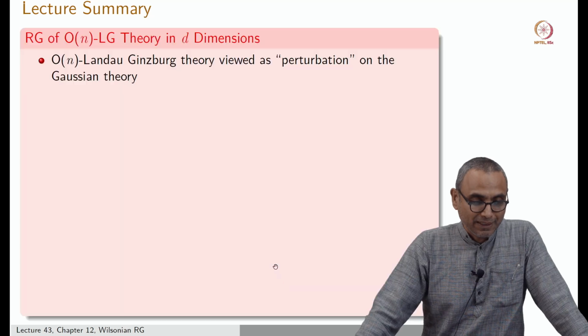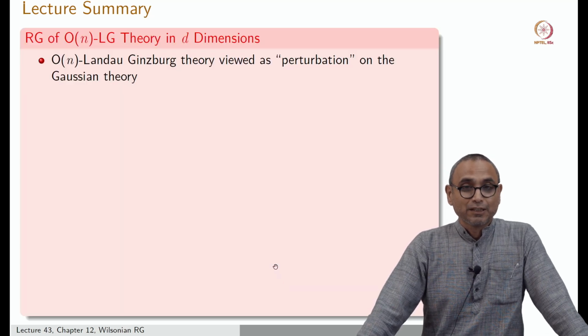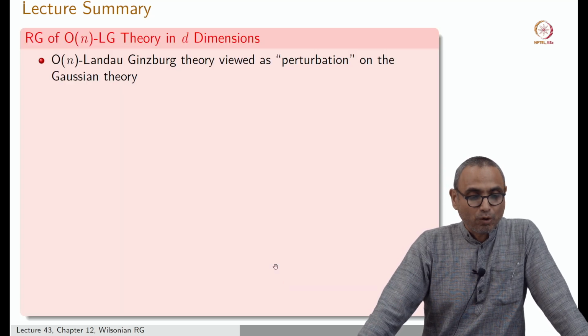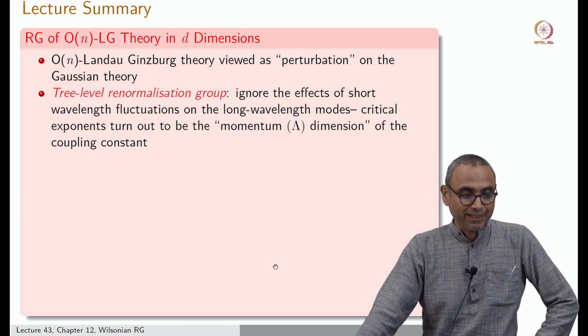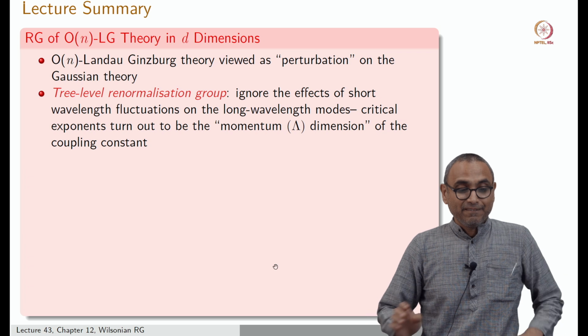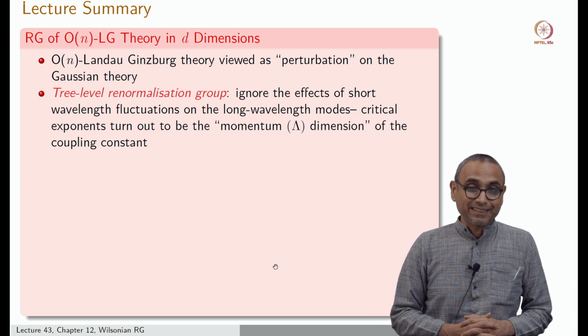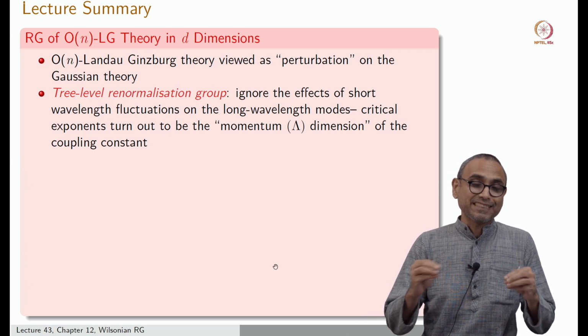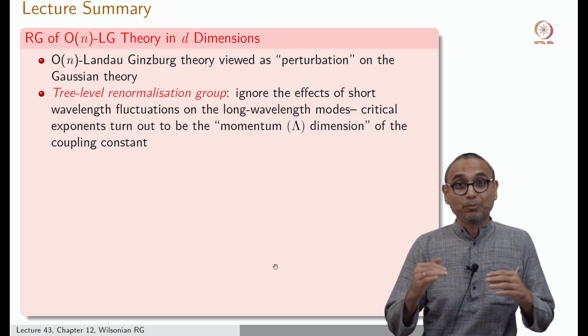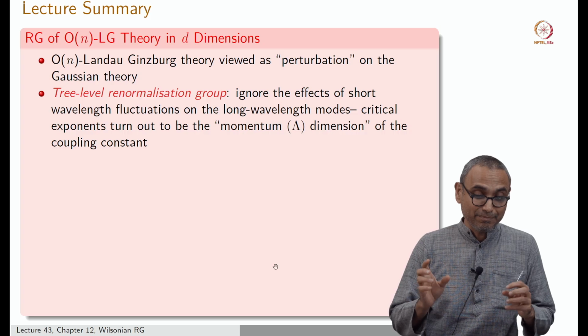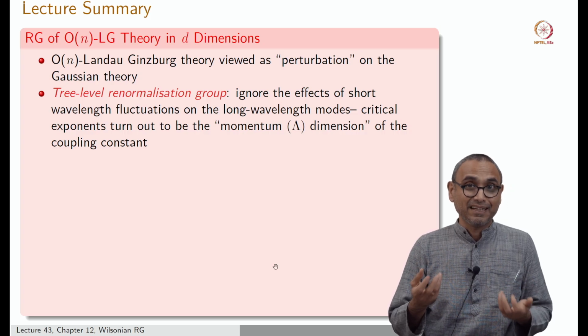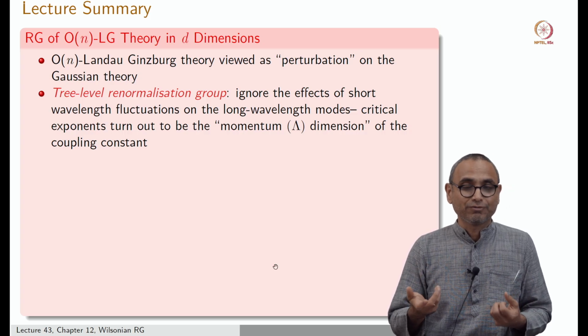Okay, so we have seen quite a bit today, so it's a good time to summarize. We started off by discussing Landau-Ginzburg theory and viewed it as a perturbation of the Gaussian theory. We learned from the tree level renormalization group that the exponents associated with the operators turn out to be, at the tree level, the dimension measured in lambda, that is the cutoff.